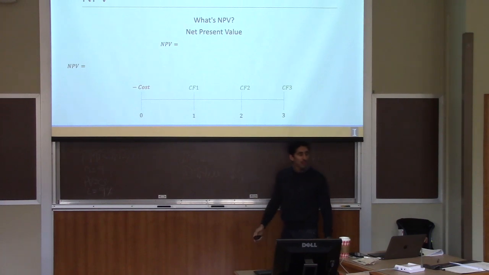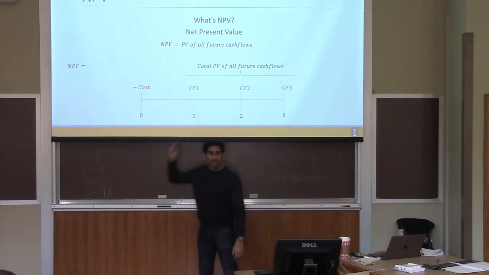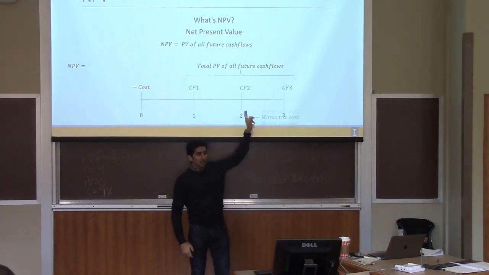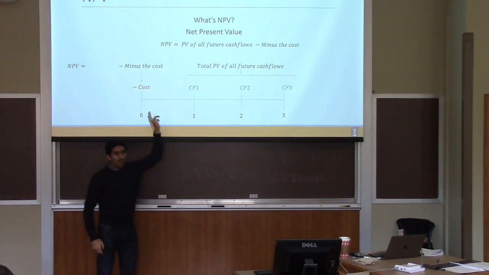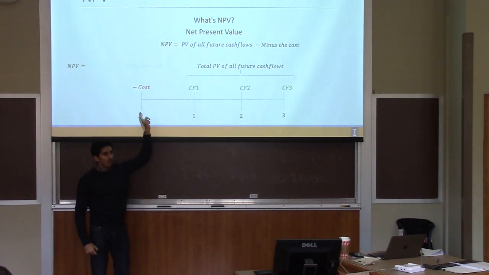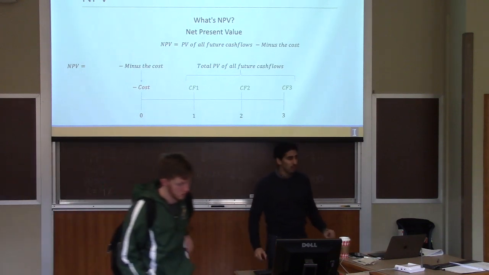The net present value equals the present value of all future cash flows, which is what we did previously, minus the cost. This guy. Okay? So this is present value, this is net present value. Any questions on this?